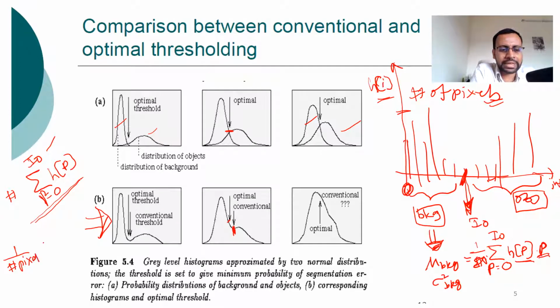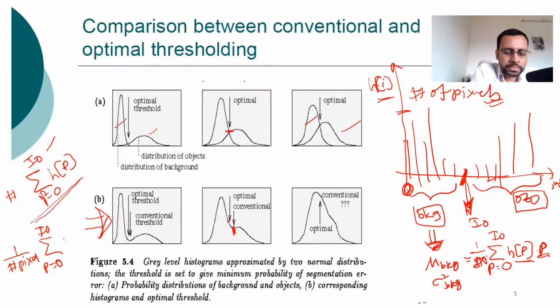Now your p is varying from 0 to I naught. What should I have inside?